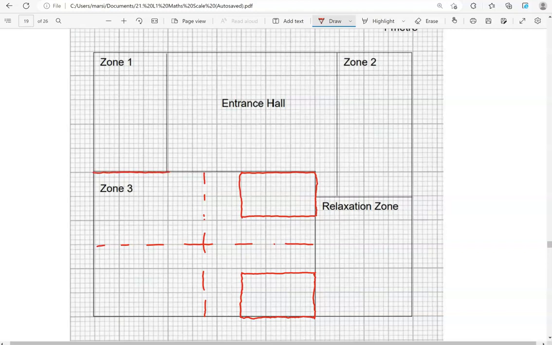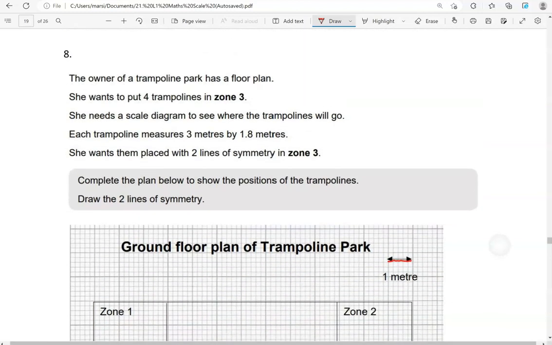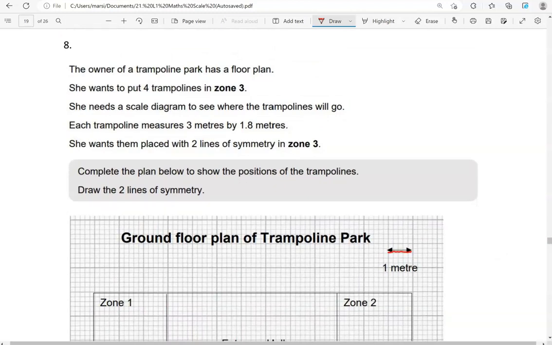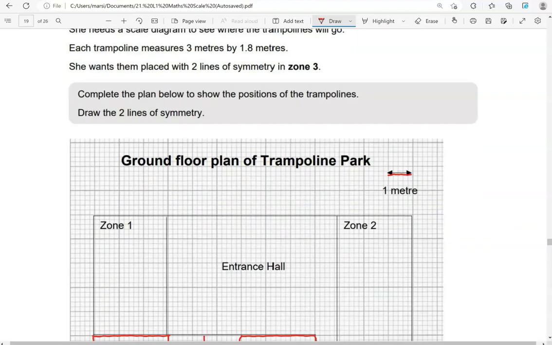So 1, 2, 3, 1.8, 1, 2, 3, 1.8. So we've got 4 trampolines, each of them measuring 3 meters by 1.8 meters, and we've got the 2 lines of symmetry. All of this within zone 3.